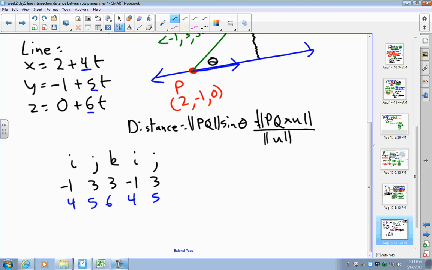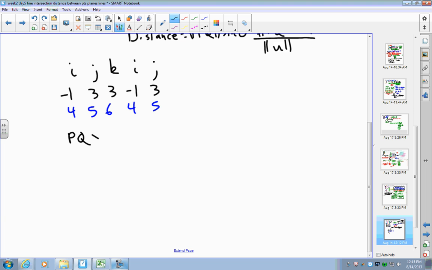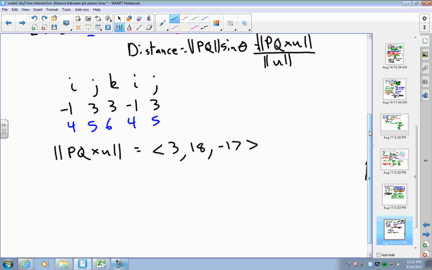Then the PQ cross u part would get me, remember it's a vector, 18 minus 15 is 3. 12 minus -6 is 18. And -5 minus 12 is -17. So it's 3, 18, -17. So the magnitude of 3, 18, -17 all over the magnitude of 4, 5, 6.